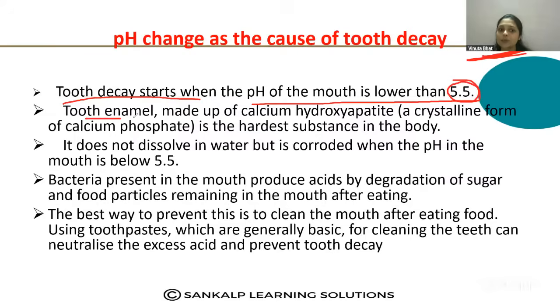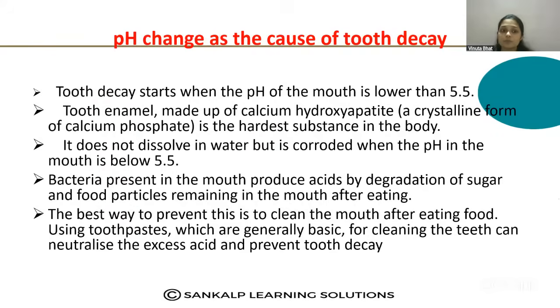Tooth enamel is made up of calcium hydroxyapatite, a crystalline form of calcium phosphate. Very important, calcium hydroxyapatite. It is the hardest substance in our body, the white enamel of the tooth.